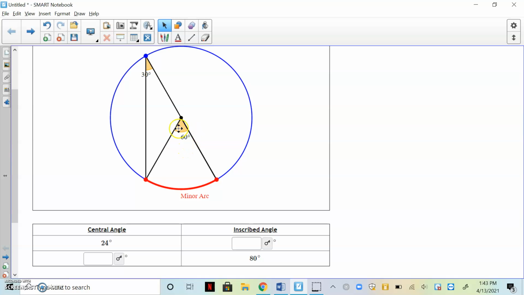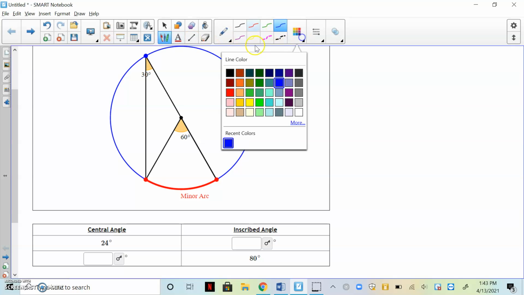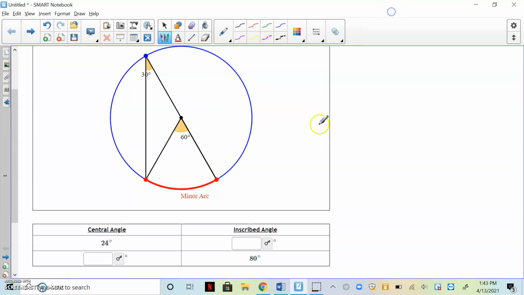You can see that the central angle in this example is 60, and the inscribed angle is 30, right? So there's that half or double relationship. So if the central angle is 24, my inscribed angle is going to be half of that. So my inscribed angle would be then 24 divided by 2, and that's going to give me 12.